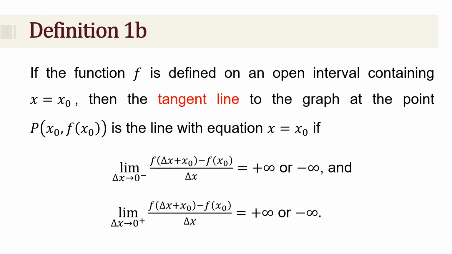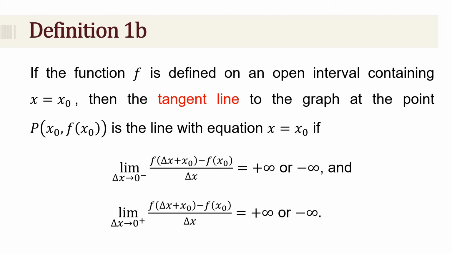Another is, masasabi din natin na tangent line siya to the graph at the point P is the line with equation x equals x sub 0 if yung limit as delta x approaches 0 from the left of f of delta x plus x sub 0 minus f of x sub 0 all over delta x is equal to positive or negative infinity, and yung limit as delta x approaches 0 from the right of the same expression is equal to positive or negative infinity.